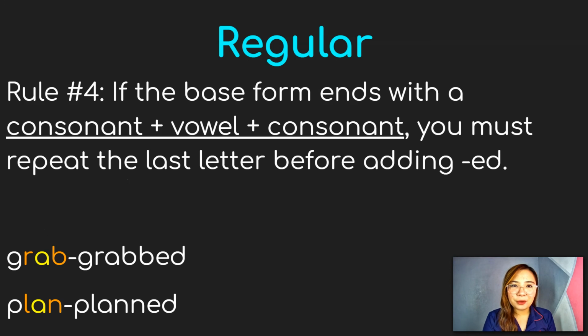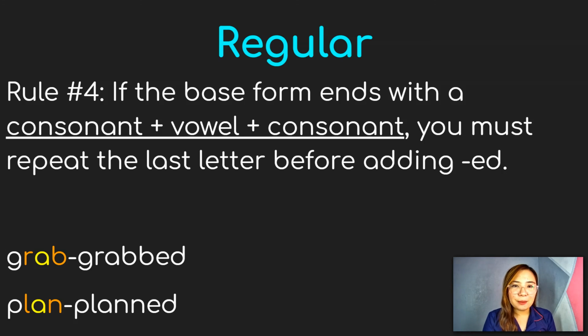For our rule number 4, if the base form ends with a consonant, vowel, consonant, you must repeat the last letter before you add ED. Let's have an example. We have here grab to grabbed and plan to planned. Let's have grab.